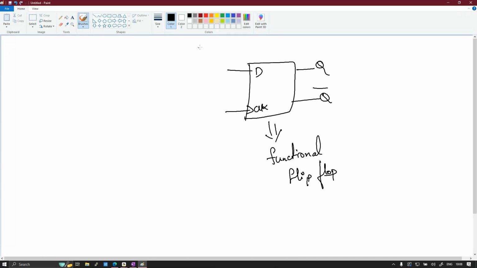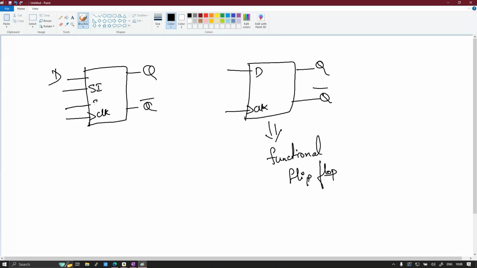Now we have one more category, or let's say there are multiple categories, but I am saying only two or three. Let's say Q, Q bar, D, clock, and next I'm going to have an SI pin, and I will also have a scan enable pin, which means this particular flip flop is a scannable flip flop.